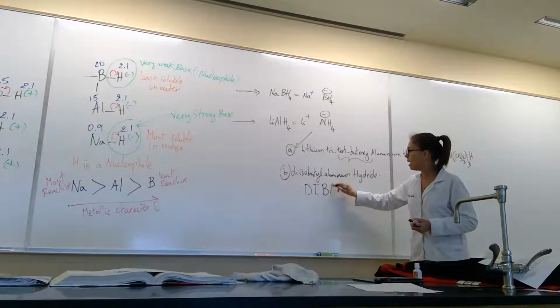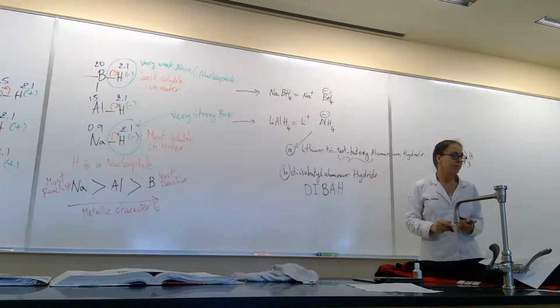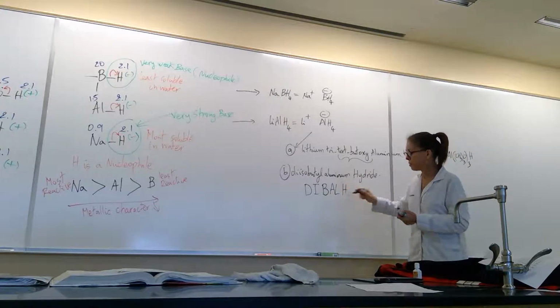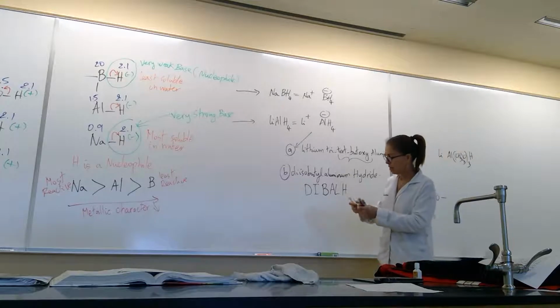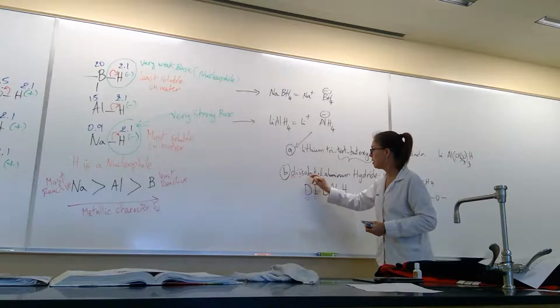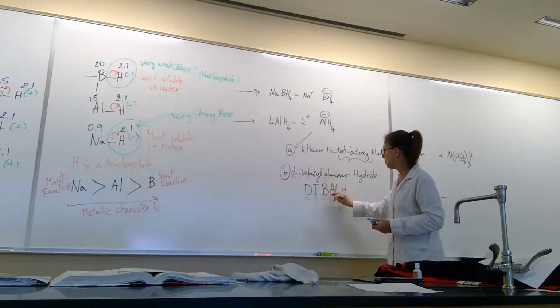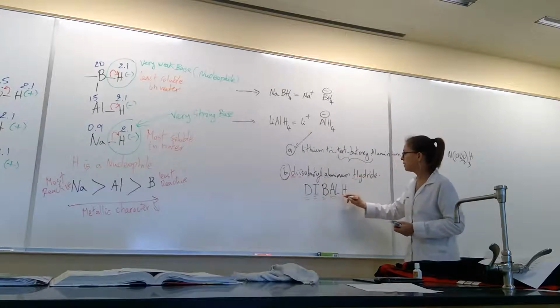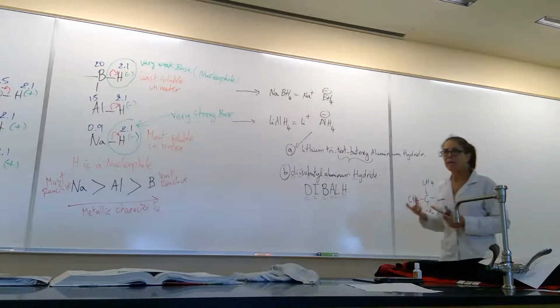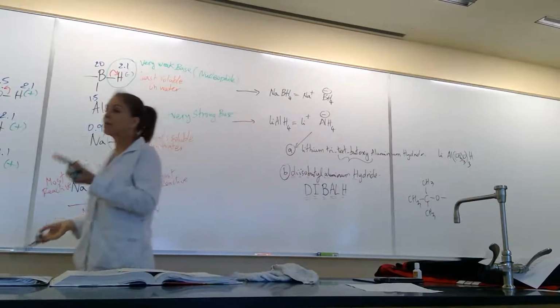Actually, they put D-bulb with an L, H. So basically, the D is this, the I is this, the B is this, the aluminum is this, and the hydride is this. So for short, if you see D-bulb, it means only 1 hydride is available. Or this one. This one is much slower. But the key thing is for you to recognize what does that mean.